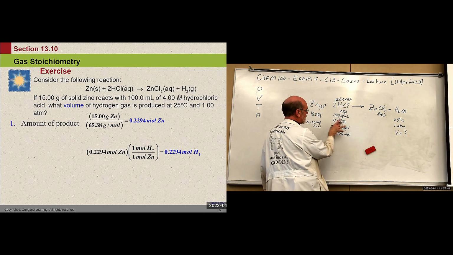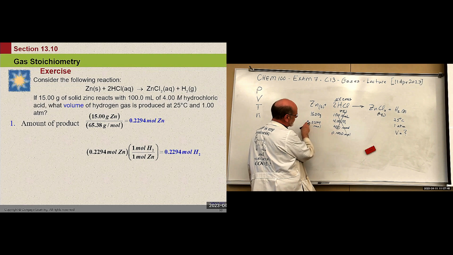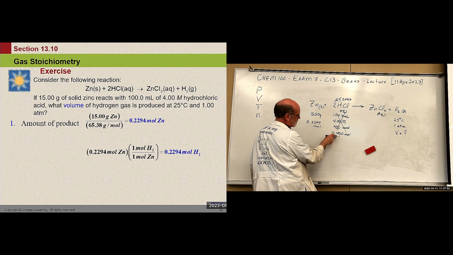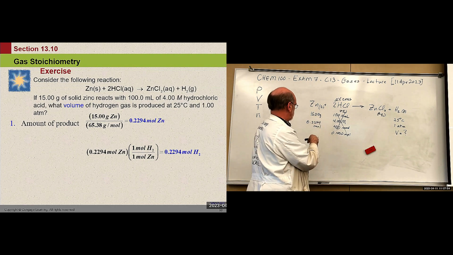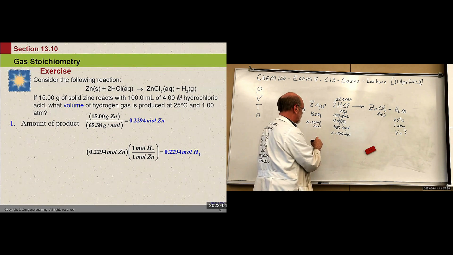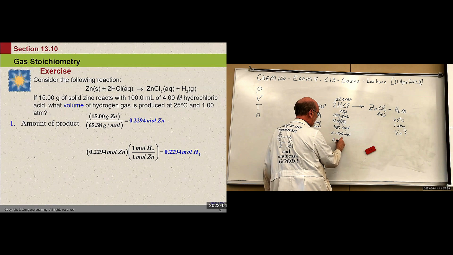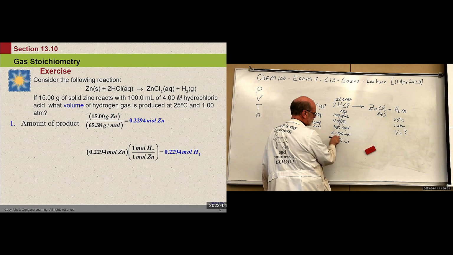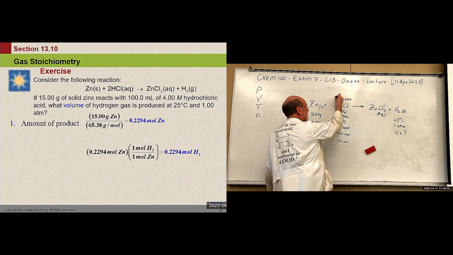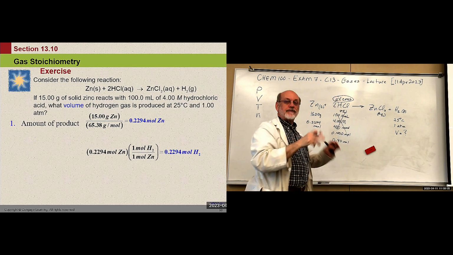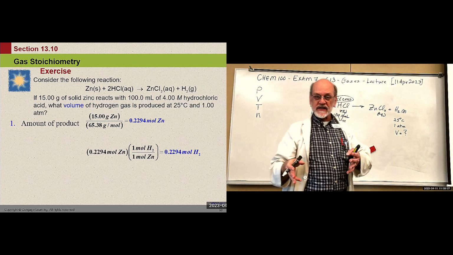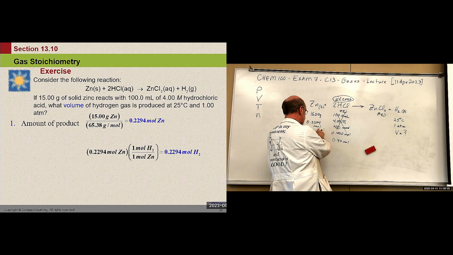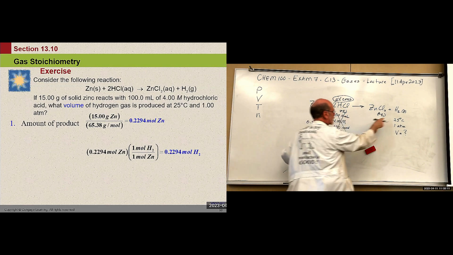What we were going to say here is how many of these does it take for 0.4 moles? Well, it should have taken 0.45 moles. So we're limiting here, so we have to say this is excess. If it's excess, then this is the same number of moles, 1 to 1.